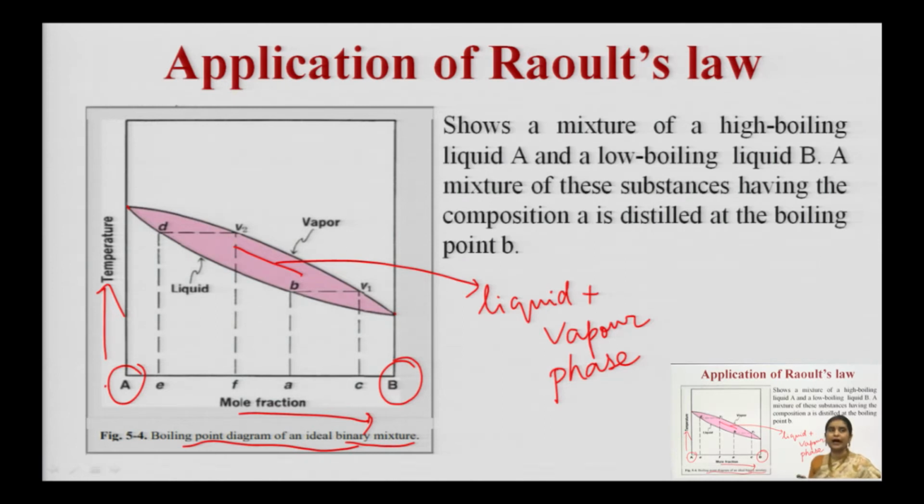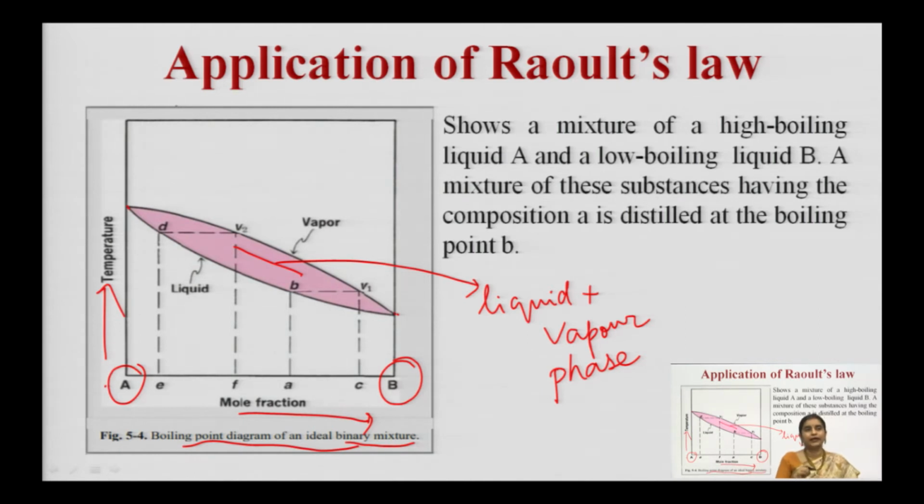It shows a mixture of high boiling liquid A and low boiling liquid B. As the boiling point of B is less, the vapor obtained by distillation will be richer in B. Why?